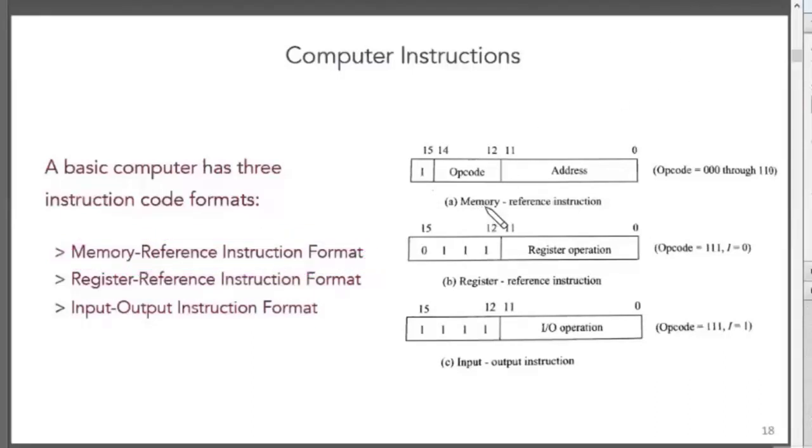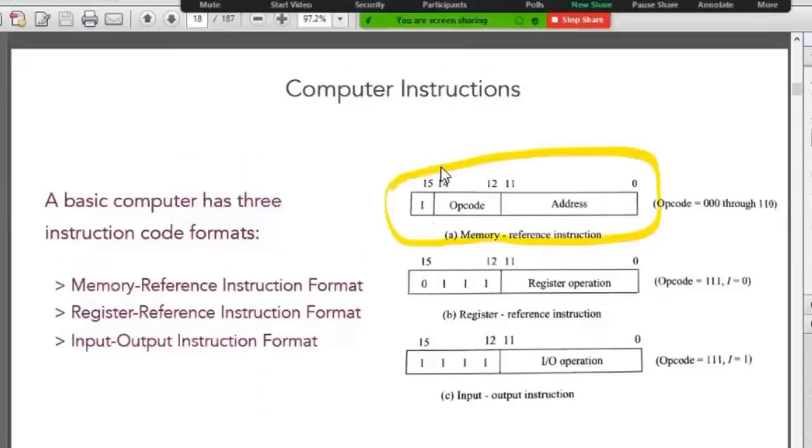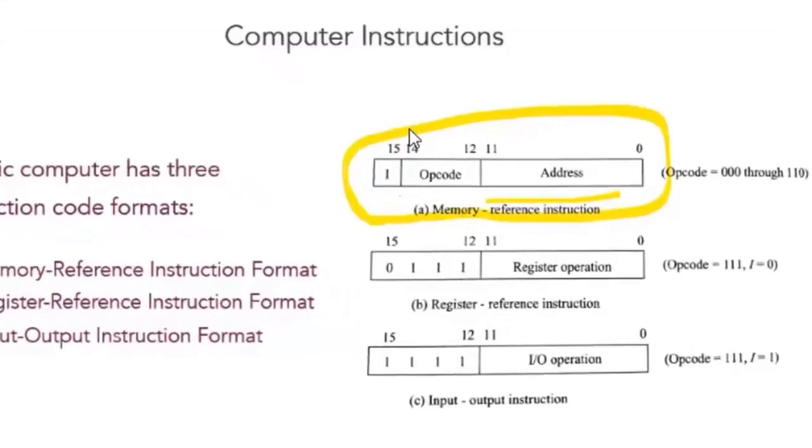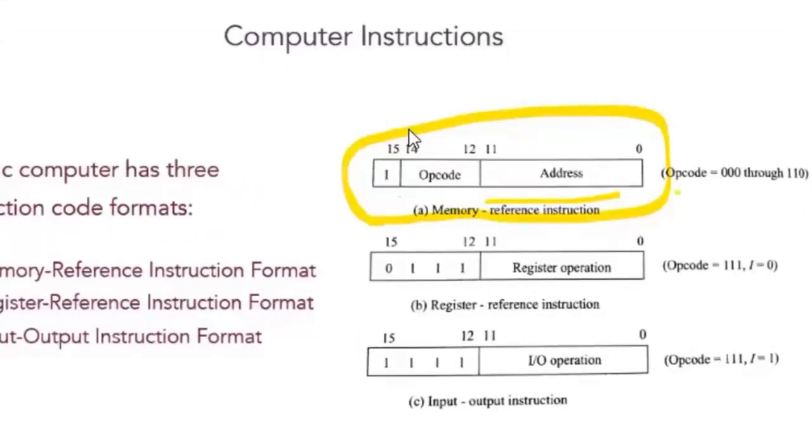The memory instruction format, you can see that the instruction format is having, this is the memory reference instruction format here. This is the same format that we discussed from the simple basic instruction. The only difference is that here it's written opcode equals 000 through 110.